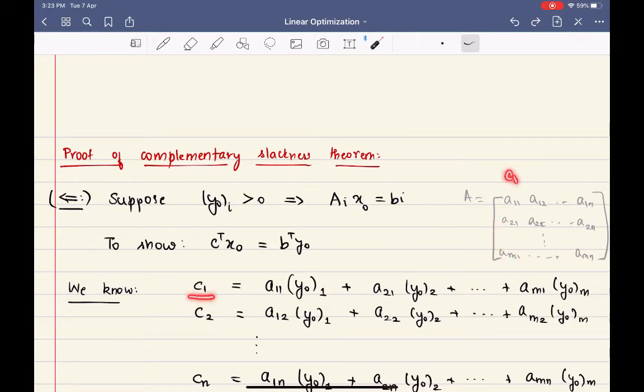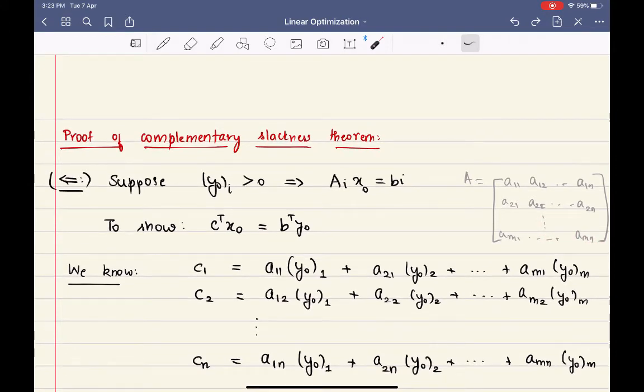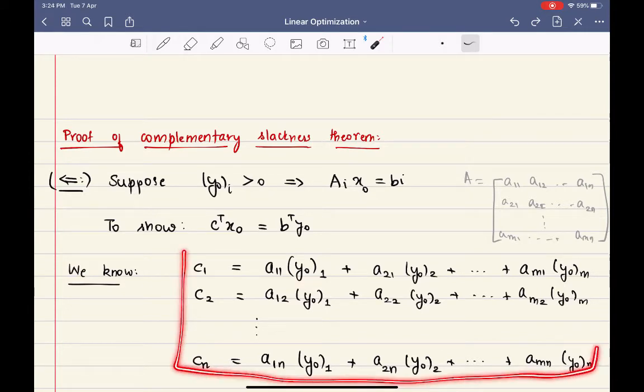So C1 would be A11 times y01 plus A21 times y02, so on till Am1 times y0m. Similarly, Cn would be A1n times y01, A2n times y02 till Amn times y0m. Since y0 is a feasible solution of the dual, we have this association.